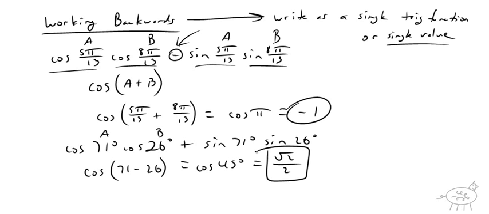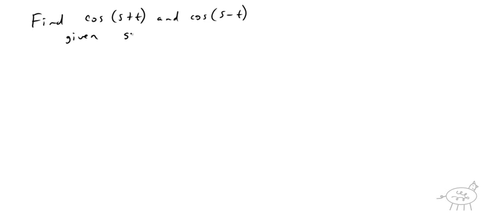All right, so we're going to find cosine of S plus T and cosine of S minus T given some information. So let's do that problem here. Find cosine of S plus T, and I'm using S and T, that's what the book uses. I don't like S and T, it looks like 5 and plus. Find cosine of S plus T and cosine of S minus T given two things.